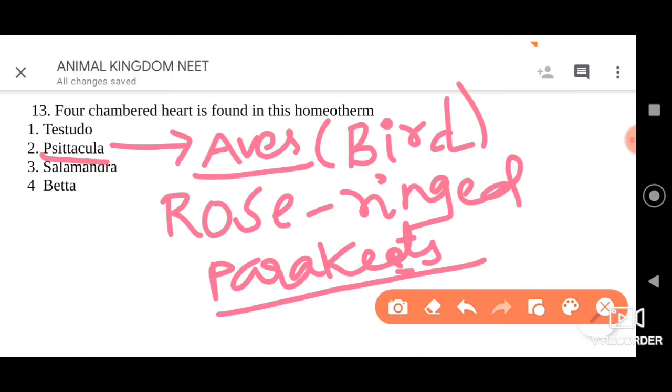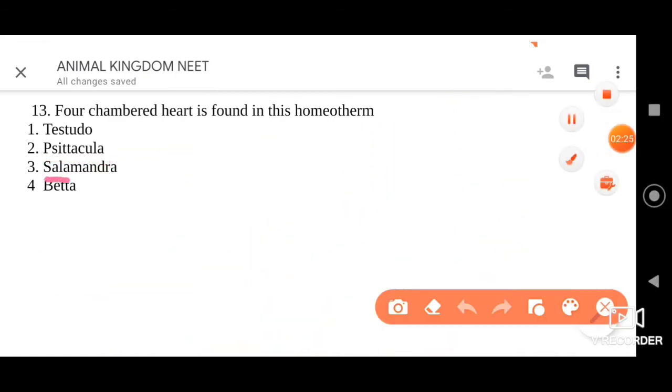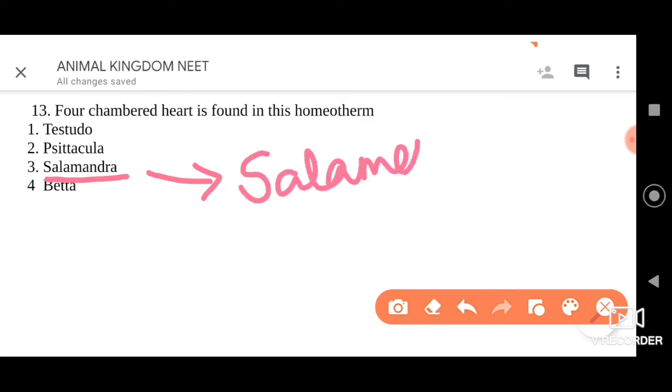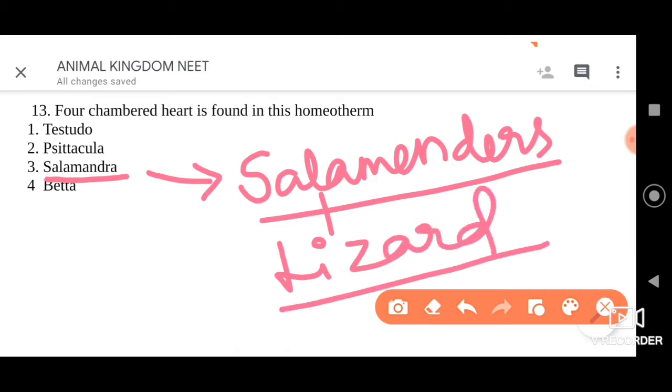Now next we have the third option, that is Salamandra. It is a group of amphibians which includes salamanders. They have reptile-like, lizard-like appearance.